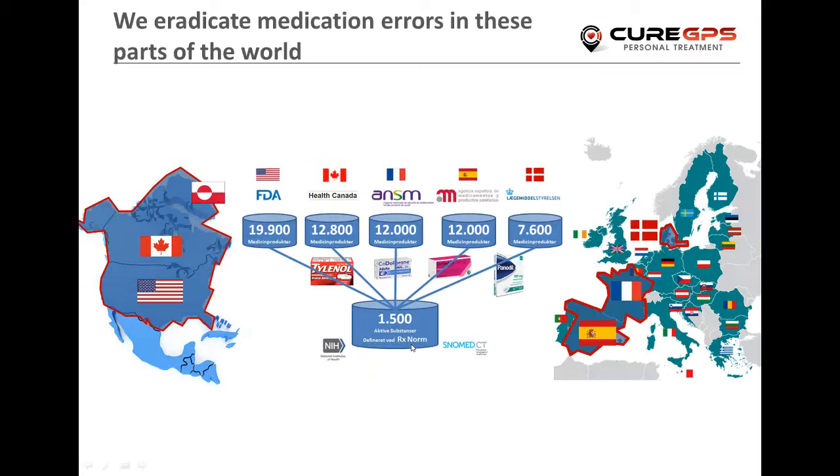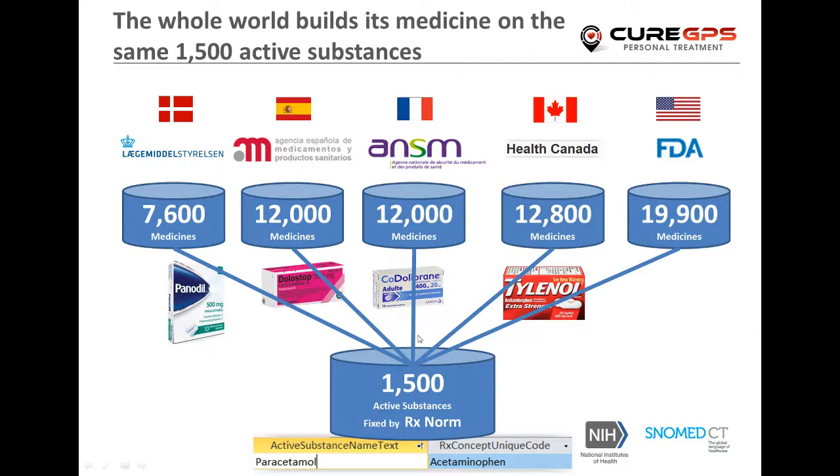And the trick, or the free lunch that seems to appear, is that only 1,500 active substances span or constitute all the different products that you see in every country. So building all our features on these 1,500 active substances allows us to make medication intelligence in all of these countries based on a patient just reporting the products they take.